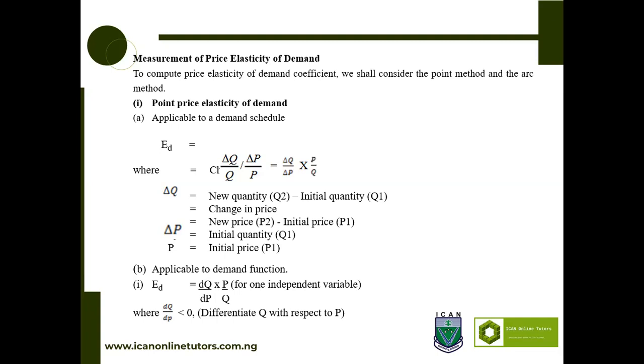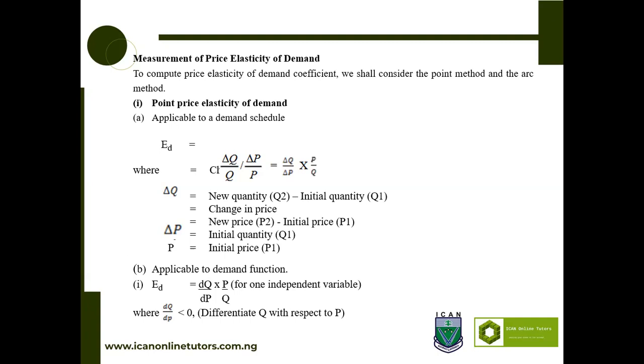So the point price elasticity of demand applicable to demand schedule, we have elasticity of demand denoted as ED, percentage change in quantity divided by the quantity multiplied by percentage change in price divided by price. So we have new quantity, that is the current quantity demanded, minus initial quantity.